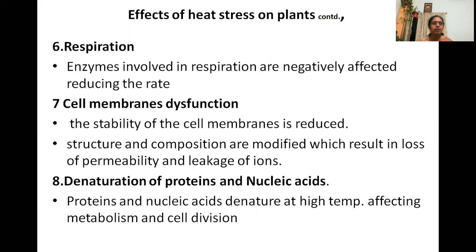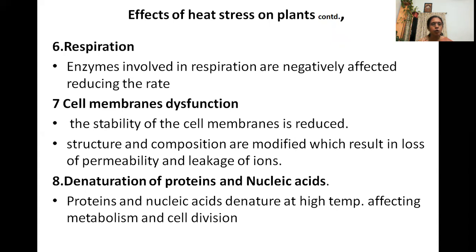And then cell membrane dysfunction. The stability of the cell membrane is reduced. See, the cell membranes are composed of lipids, plasma membrane, and then there are carbohydrates, and then the composition of this will be changed so that there will be change in permeability and leakage of ions.